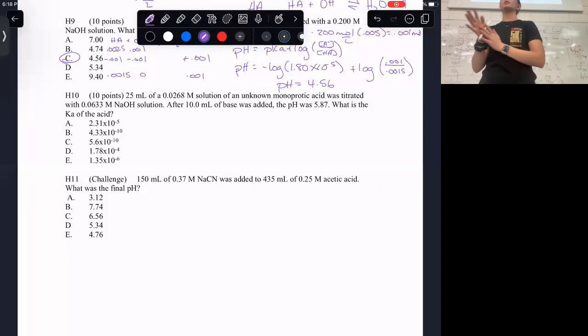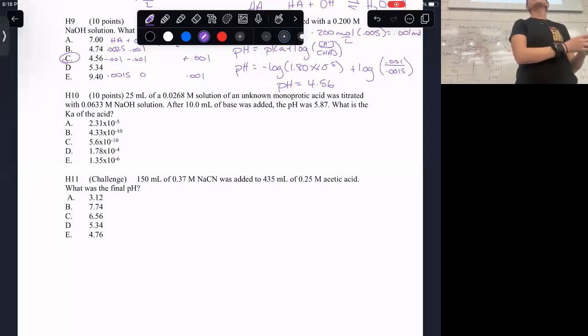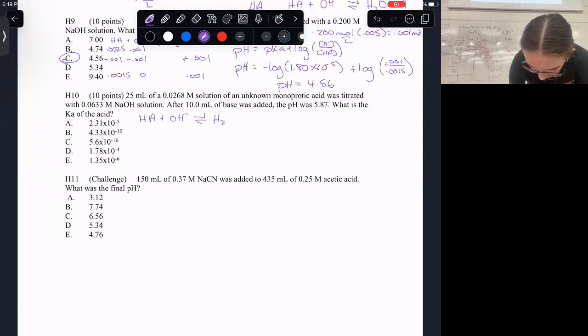Is this similar or different to the one we just solved? It's very, very similar, right? The same setup is going to happen where we need to know how many moles of each acid and base we have to begin with. So again, we have a weak acid and a strong base reacting to form H2O and A minus. We first need to solve for the moles of acid and moles of base that we have in solution.